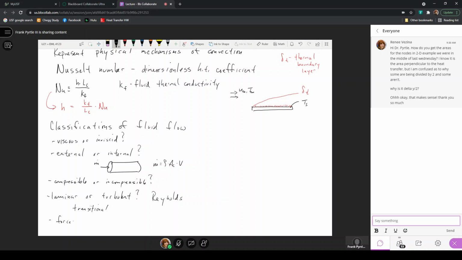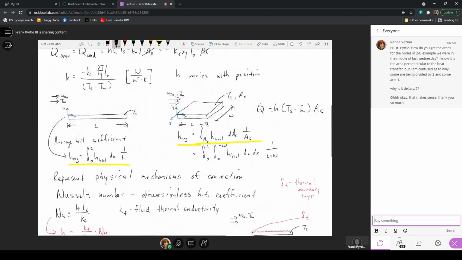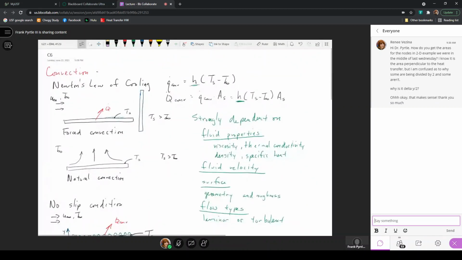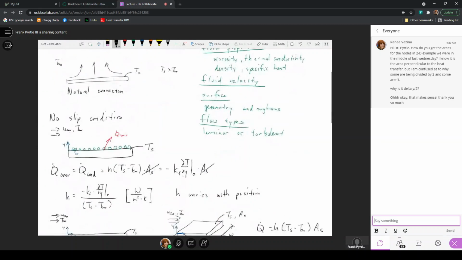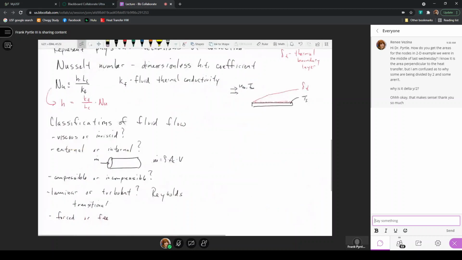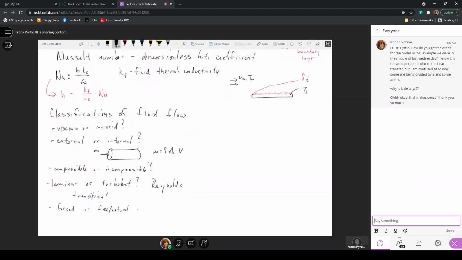And then, of course, going back to what I was considering before, is this a forced or free convection? Here, forced or natural and free convection are actually interchangeably used. So here, free/natural. Again, the forced convection just says I'm using some external means to move the fluid or to impart inertia to the fluid. So that's usually a fan.